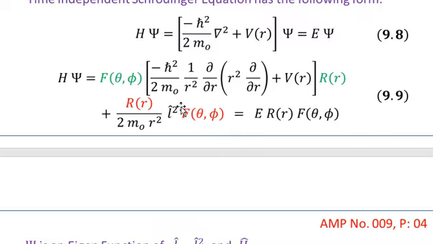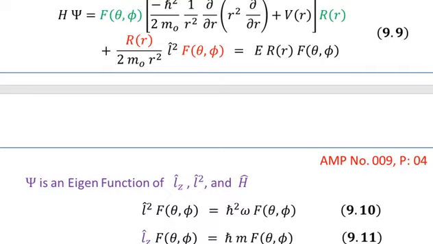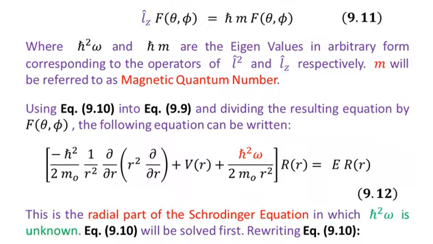So I can substitute that value, L square f, from equation number 10, which is shown over here. So I can use equation number 10 to replace the quantity L square operating on f in equation number 9. This is what I am going to describe over here.